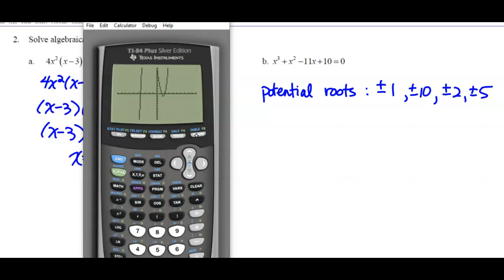Okay, so in this case, let's try 1. That doesn't look exact. That doesn't look exact. So what that tells me, nope, that isn't 1. Is it 2 exactly? Okay.